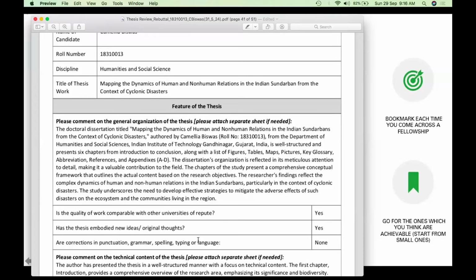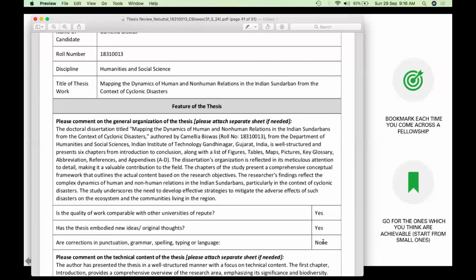So whether this is of good quality, has the thesis embodied a new idea and all, are there corrections in punctuation, grammar, spelling mistakes and all. And for this one, it says none. For the other two, it said minor for me. Make sure that in the technical content of the thesis, especially if you're an HSS student, if somebody says there is a major grammatical error and they point out your grammatical error, it becomes a bit suspicious for the reviewer to read.